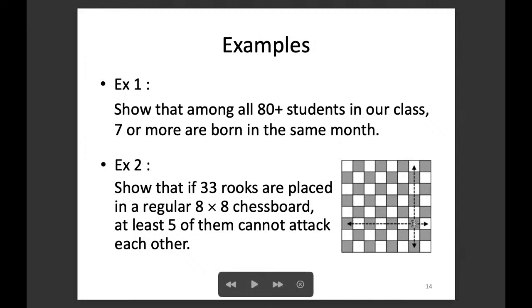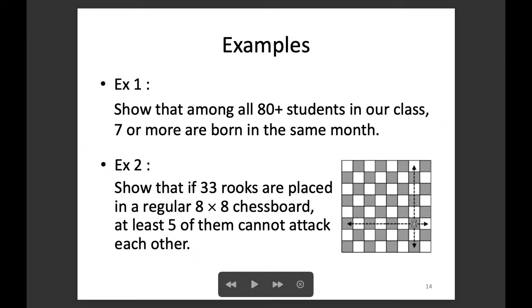So we claim that if we put 33 rooks on the chessboard, then we can find 5 of them or more that are not going to attack each other.